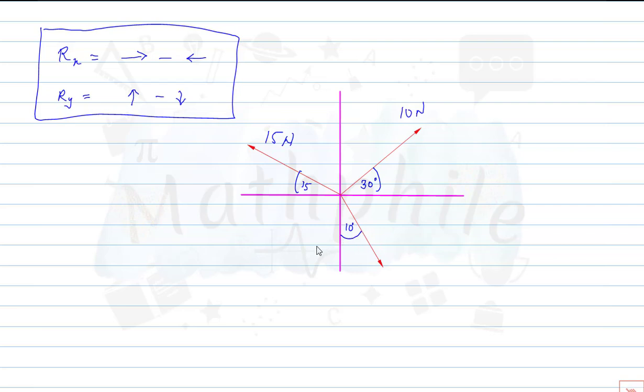Okay, so sorry about the interruption. Now, in this case, you can see that it's quite complicated when compared to the previous one, because the forces are not really in a vertical direction, nor really in a horizontal direction.